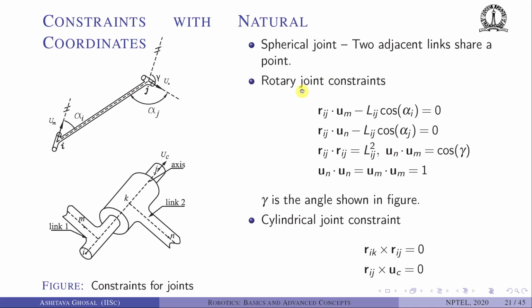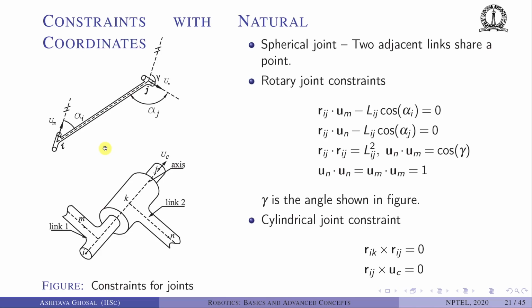If you have a rotary joint, I can write the rotary joint constraints in this form. So this is the link. On both sides there are 2 rotary joints. So Rij dot un, this vector along the joint axis, minus Lij cos alpha i should be equal to 0.